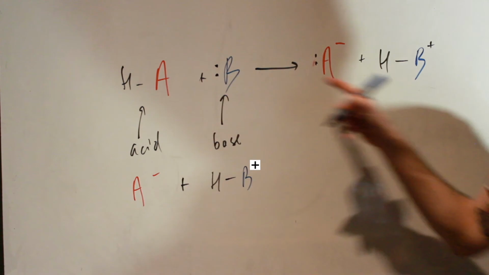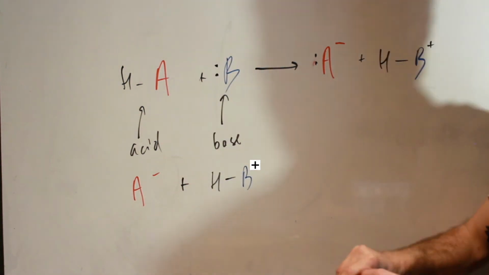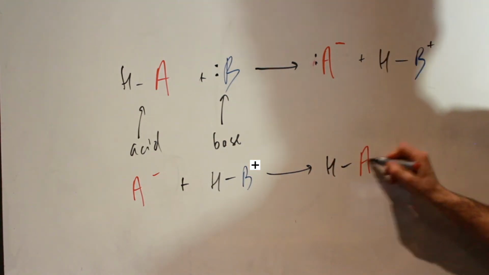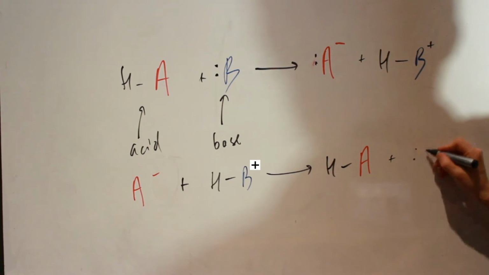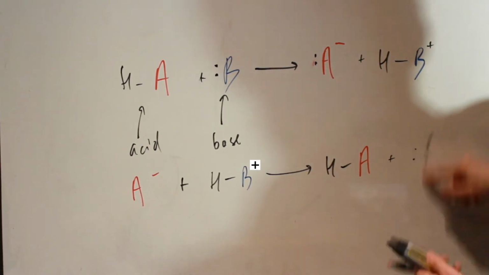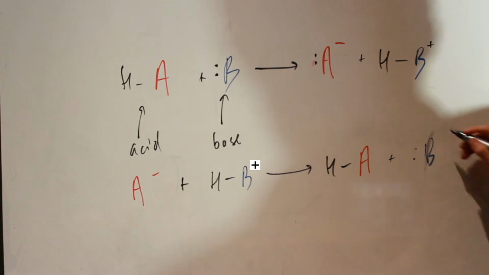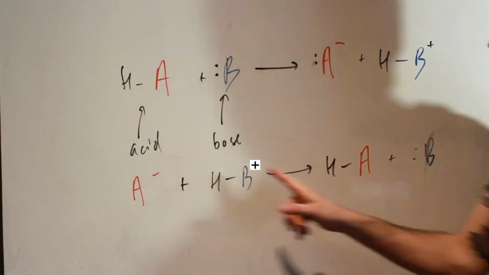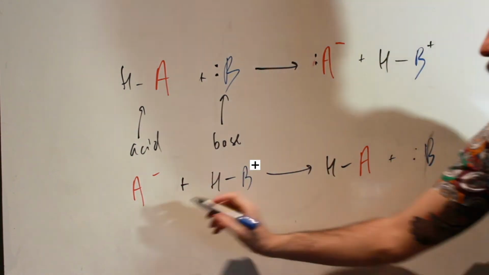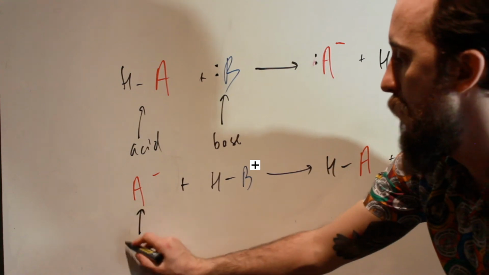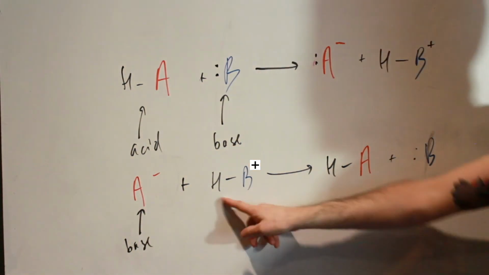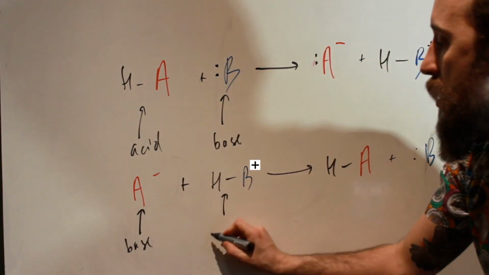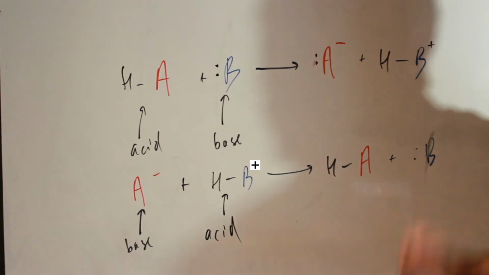So I'm just doing the backward reaction here, and this is forming the species over on this side, which is HA plus B. So if we think about this backward reaction, we end up with a species here, which is accepting a proton. So in the backward reaction, this would be a base. And then we've got this species here, which is now the species that's donating the hydrogen. So this species here would end up as the acid.